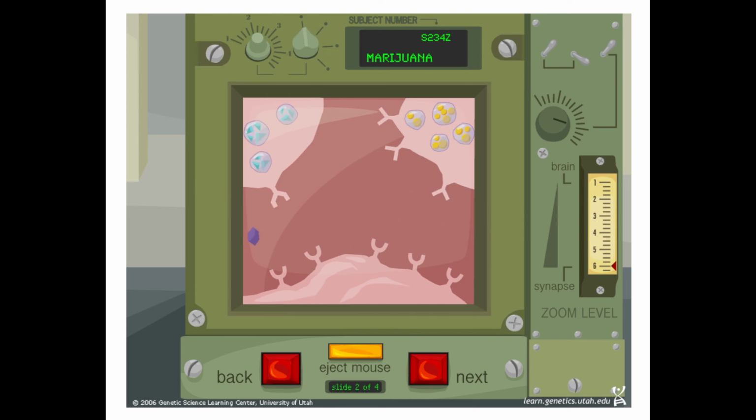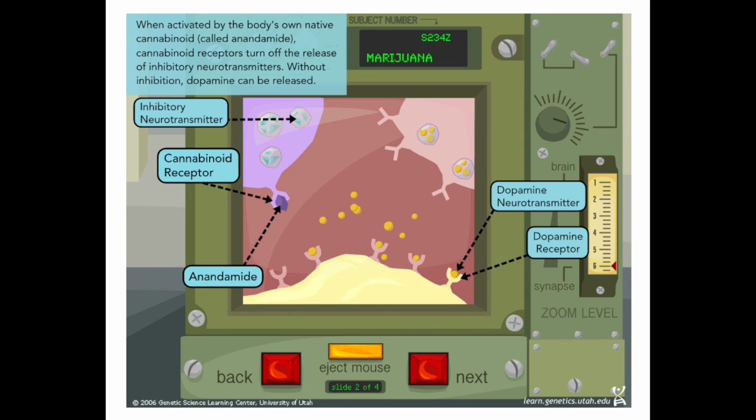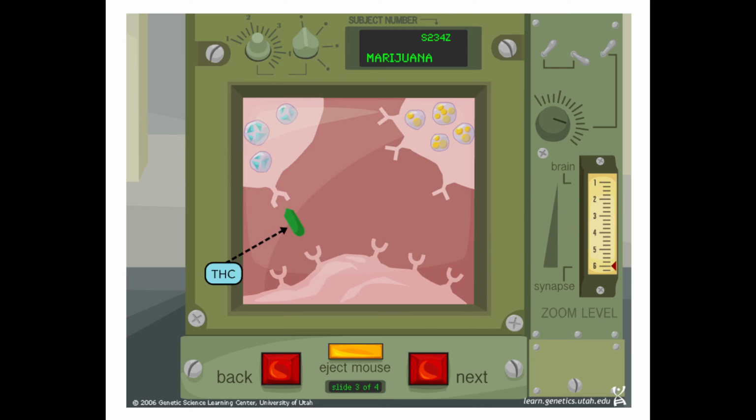And what happens is, again, a natural cannabinoid that we have in our brain binds to those to stop them from releasing that inhibitory neurotransmitter. Since that does not get released, dopamine is allowed to be released into the cleft and binds to those receptors.